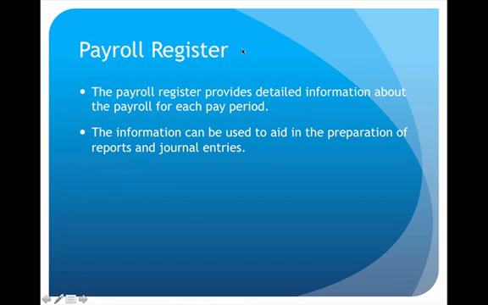It will show all that detail for every single pay period. And the great thing about this payroll register is that the information not only is required, but it also is very helpful, because that information will give us the information that we need to prepare certain reports, and also provide us the information to do our journal entries.